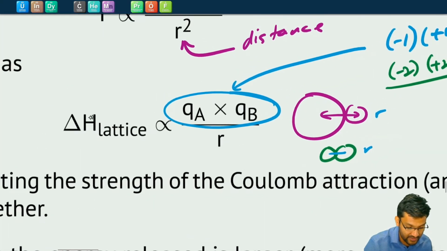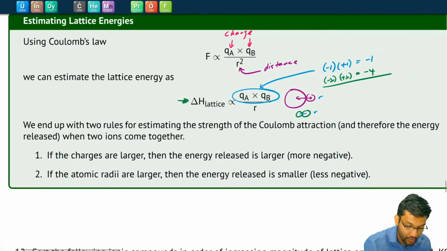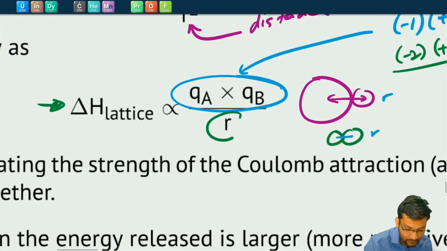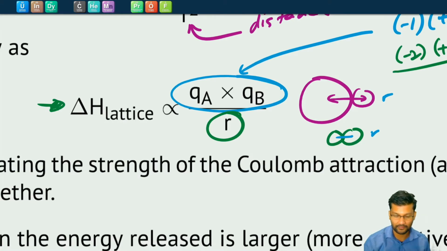We can see that from this equation: one charge will always be negative, one positive, so multiplying them gives a negative lattice enthalpy. The more negative the lattice enthalpy, the more energy is released when you form a bond, the stronger that bond is. On the other hand, if the radius is larger, the energy released will be smaller, or less negative, because radius is in the denominator.